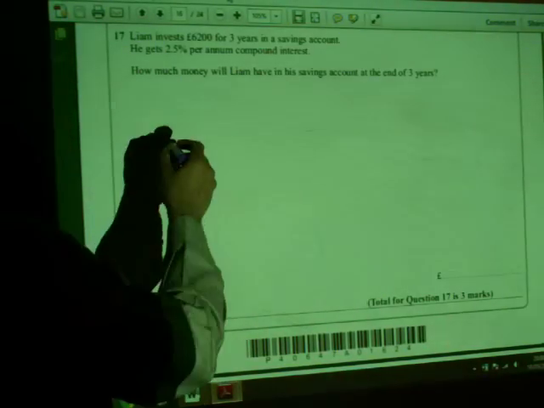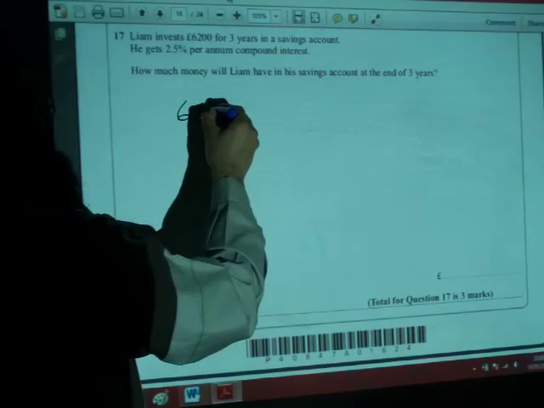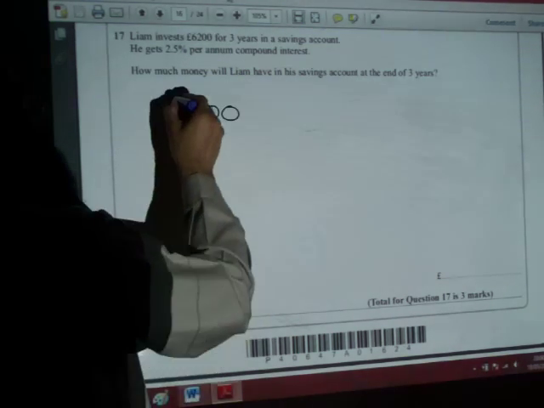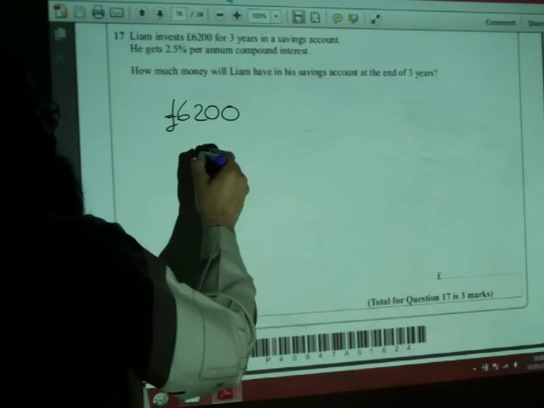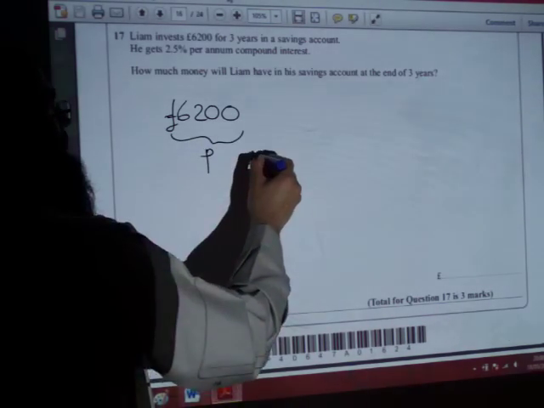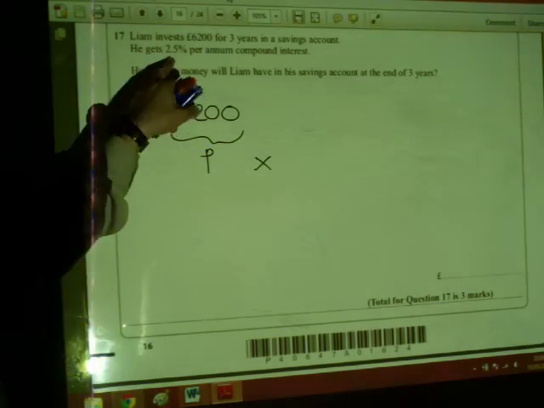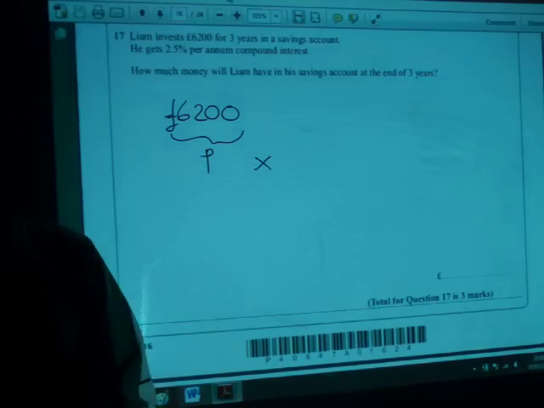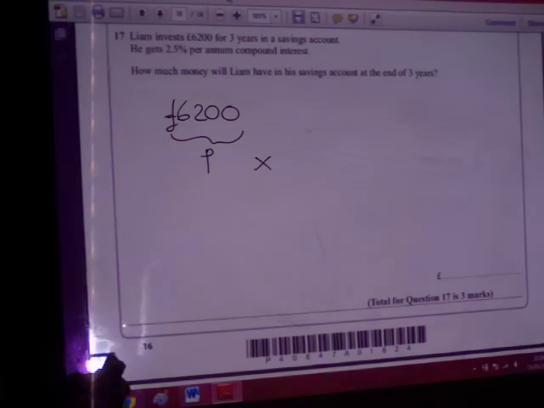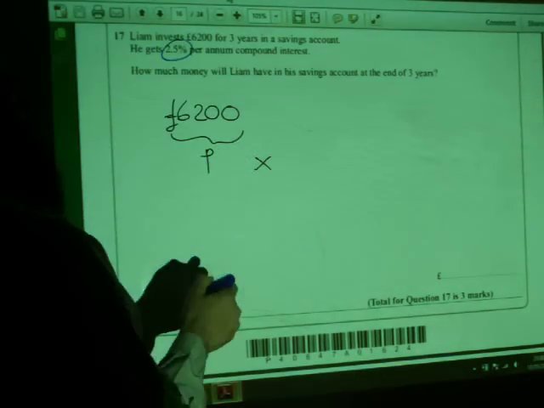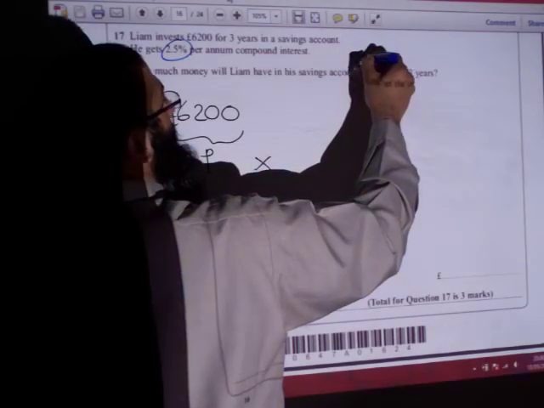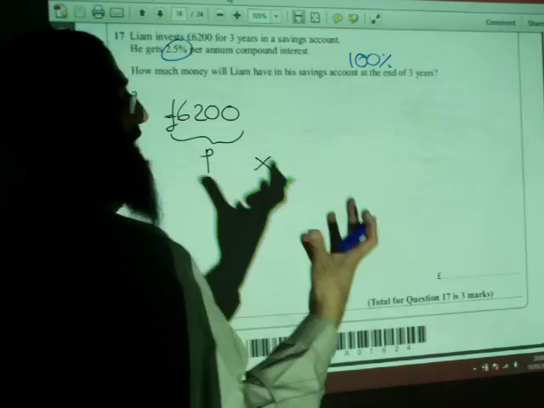Okay, first of all, we start with our principal amount, 6,200. That's our principal. Now, if something is going up by 2.5%, let's have a look. We first of all will start with 100%. That's the original value.